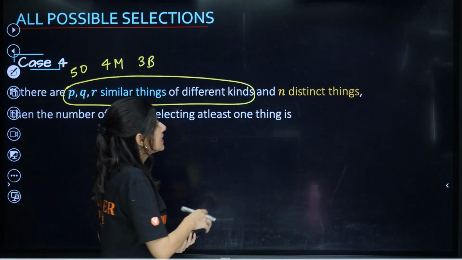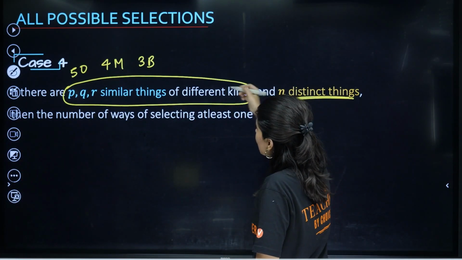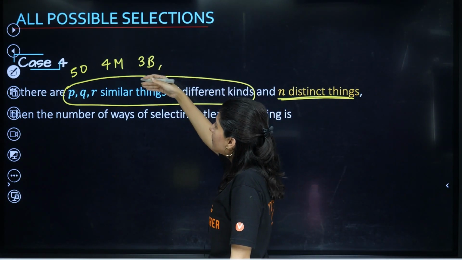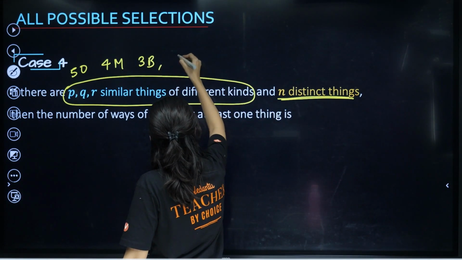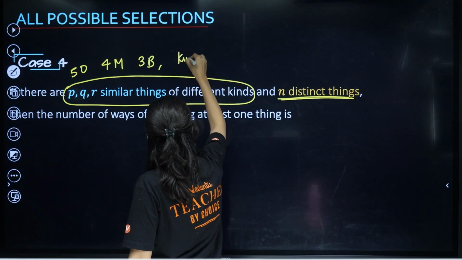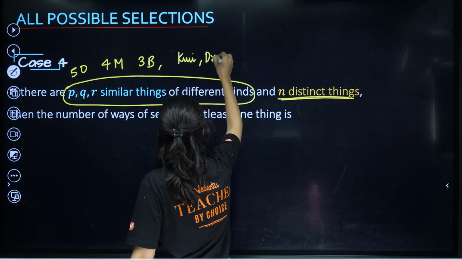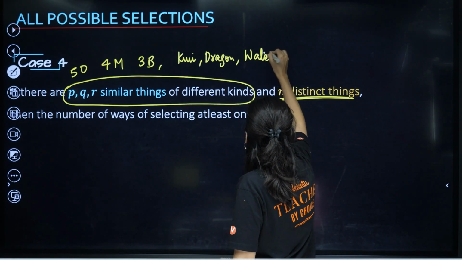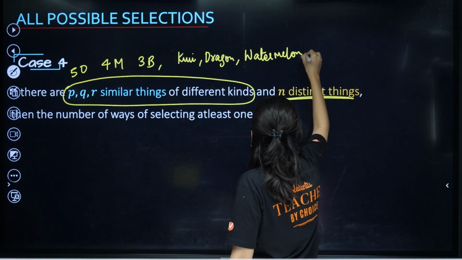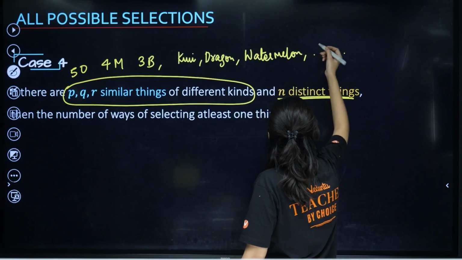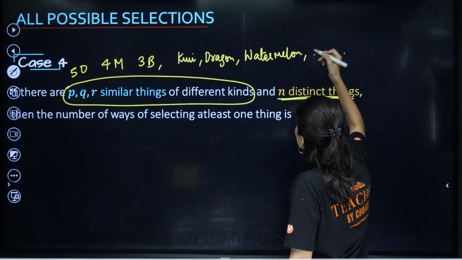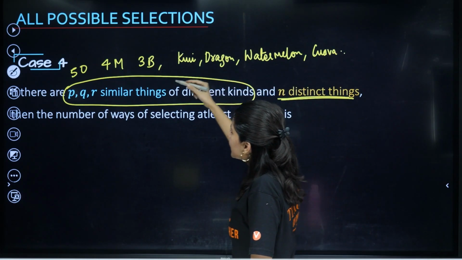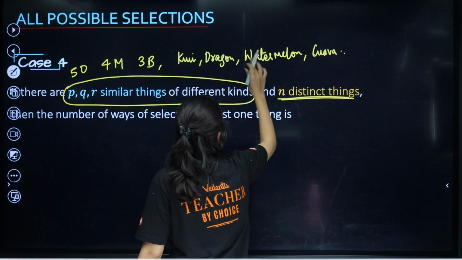And now n distinct things you are having. So suppose after that you are having, let's say, orange, mango, banana, and you are having, let's say, kiwi and dragon fruit, and then 1 watermelon, individual, one watermelon, and 1 more fruit, if you can tell me, guava. Okay, so basically 5, 4, 3 and 1, 2, 3, 4.